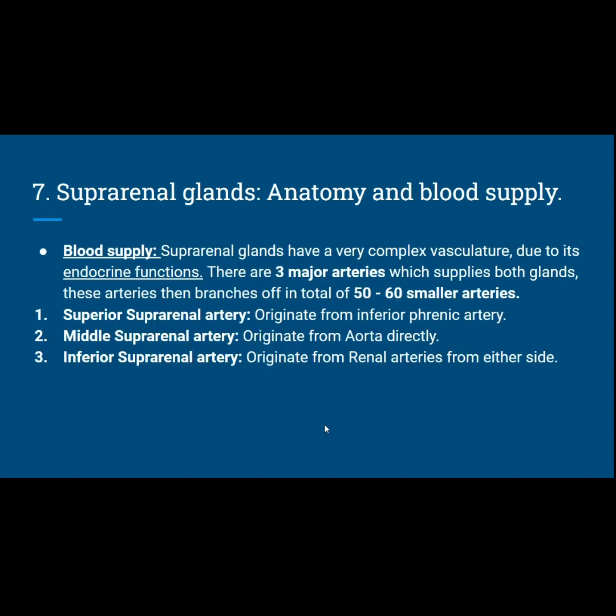So what is the blood supply? The suprarenal gland has a very complex vasculature because of its endocrine functions. There are three major arteries which supply both glands, and these arteries originate from different arteries. So it's going to be superior, middle, and inferior: the superior suprarenal artery, middle suprarenal artery, and the inferior suprarenal artery.